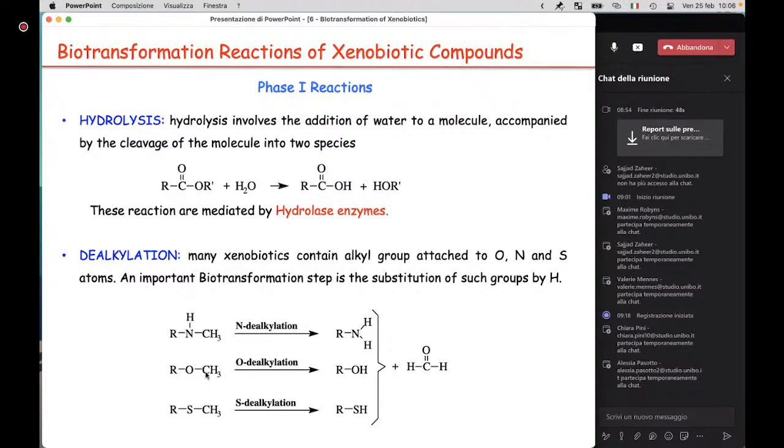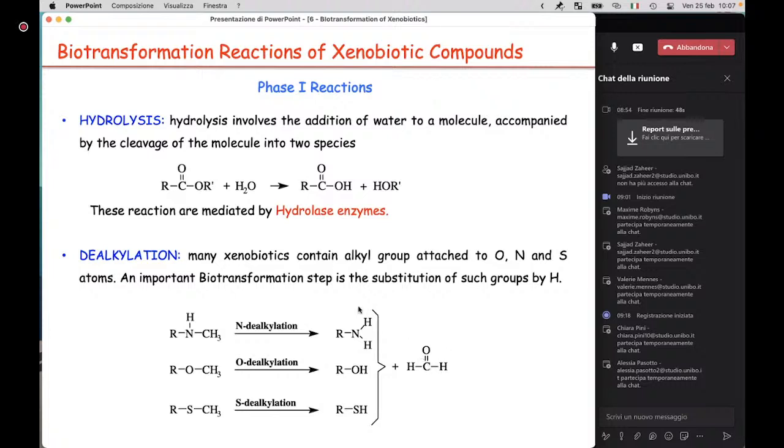Or if we have an ether, for example, we can free the corresponding alcohol, and from this thioether we can produce the thiol. And in all cases, the other part of the molecule, so the alkyl part, is transformed into the corresponding aldehyde.